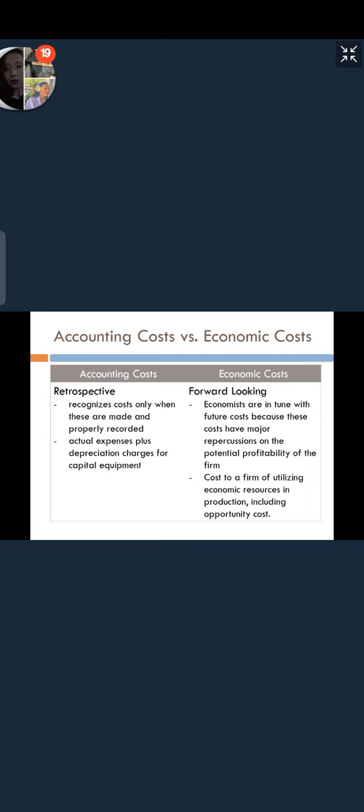Dapat yung time na dapat ikaw ay nagte-take din ng business ad, ay binaling mo sa pagte-take ng accountancy instead. So even that will be covered in opportunity cost or in this economic cost. Medyo clear ba? Okay. Okay naman na siya?